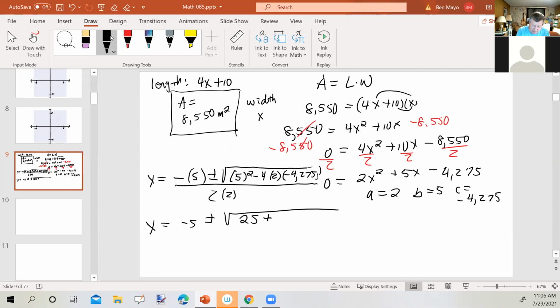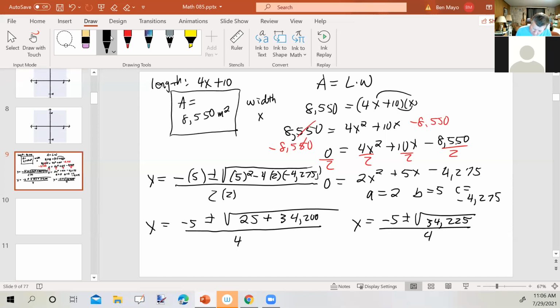So then 8 times 4275 is going to be 34,200, all over 4. So x equals -5 plus or minus the square root of 34,225 all over 4.